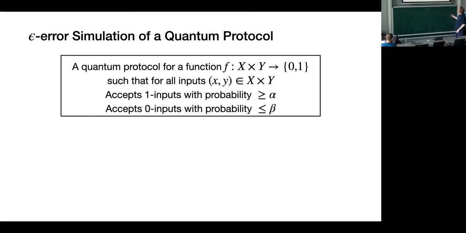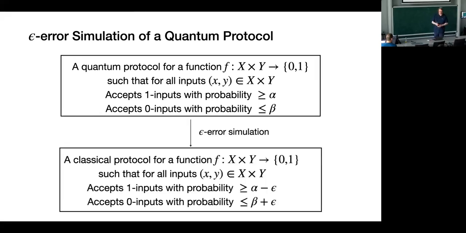So you have a quantum protocol, and there's a function associated with it, and for all inputs x, let's say it accepts one inputs with probability alpha and accepts zero inputs with probability beta, and beta should be smaller than alpha. Otherwise, it's not a hard task.